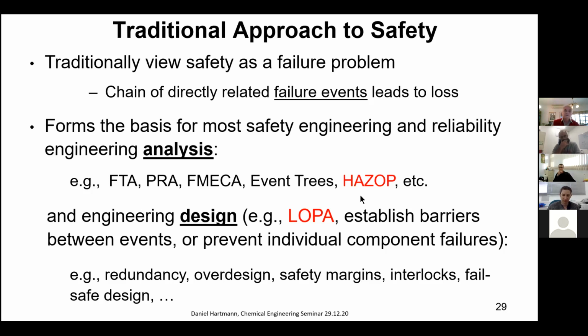And also for design in the chemical industry, they use a concept called LOPA, where you have to establish barriers between events or prevent individual component failures by redundancy, over-design, safety margin, and so on. But all these are the traditional, old way to look at accidents and systems.